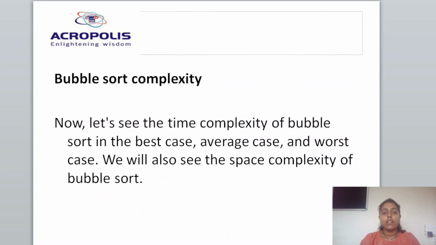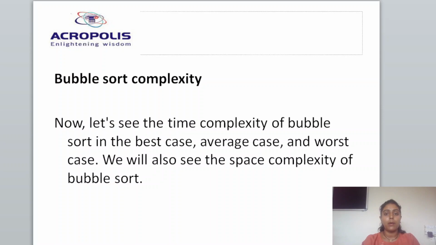Now we have to discuss the complexity. All algorithms have complexities. There are two types of complexities: time complexity and space complexity. Now let's see the time complexity of bubble sort in the best case, average case and worst case. We will also see the space complexity of bubble sort.